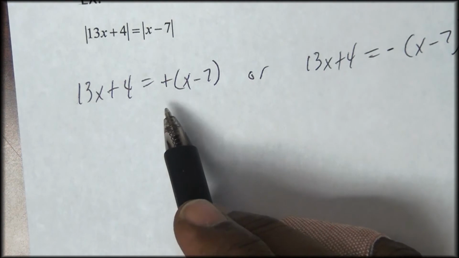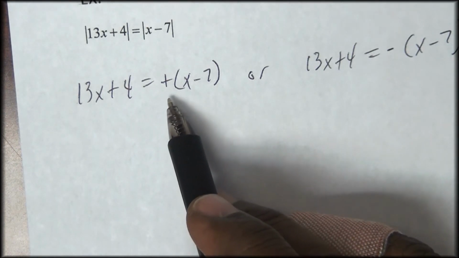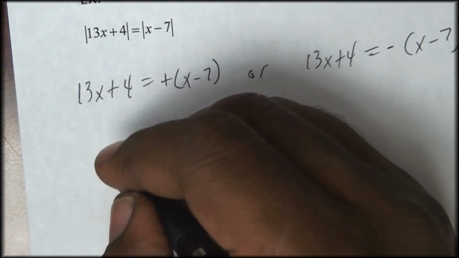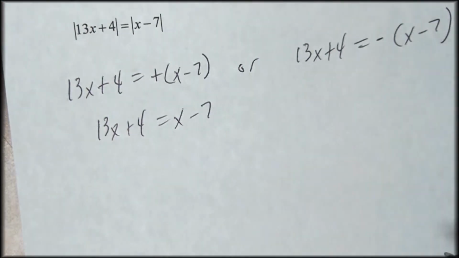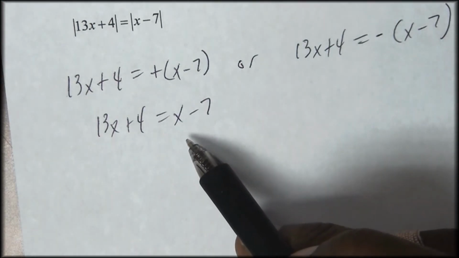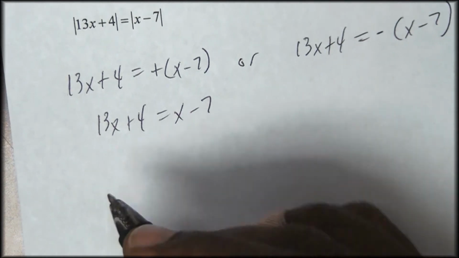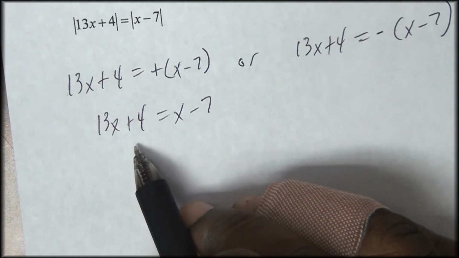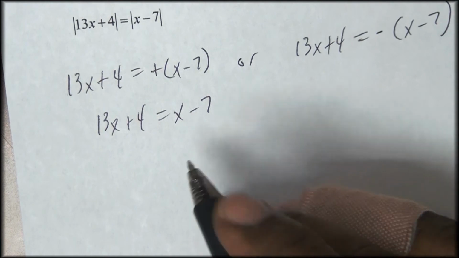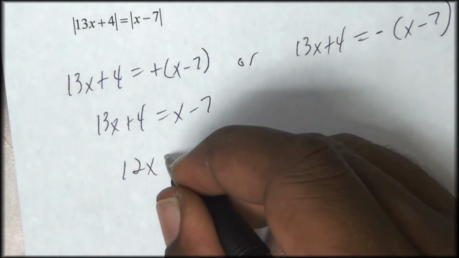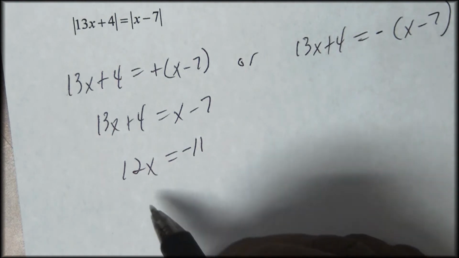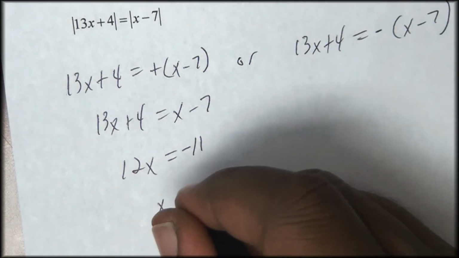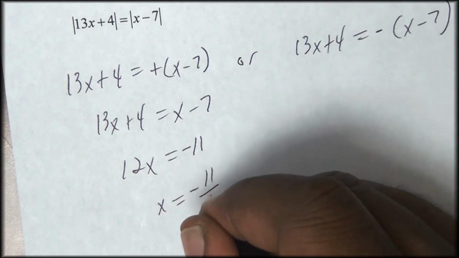The first thing we'll do is distribute our positive and get rid of our parentheses. Next, we'll solve for x, so we'll subtract x from both sides, and we'll subtract 4 from both sides. We'll divide both sides by 12, so x is equal to negative 11/12.